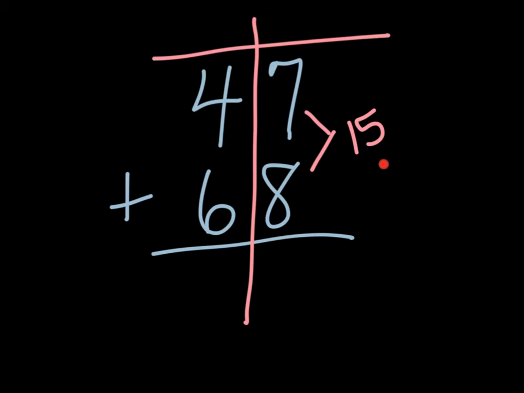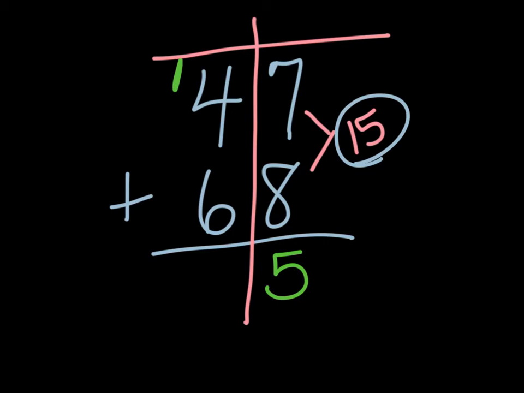So this is 15. So I'm going to take 10 of these ones and trade them in and make a tens bar. So to show that, if I take 10 of these and I trade them in, I'm only going to have 5 left. So I'm going to lay the 5 down here. I'm going to regroup the 10 as a tens bar, and I'm going to put it over here to show that I have another tens. Then I'm going to add those together.